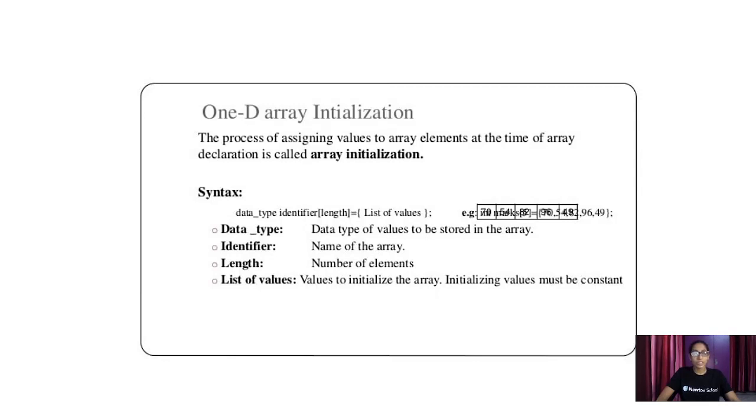It is similar to declaring the 1D array, but the change is that you have to give the list of values. So data type, identifier and length are similar, and then you give the list of values to initialize the array. The initialized values should be constants.